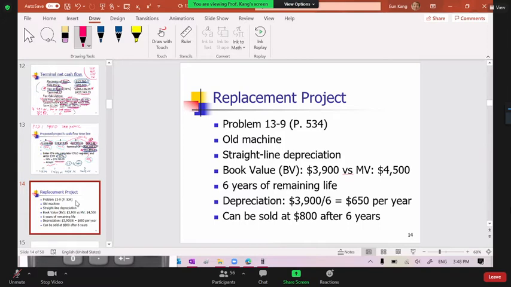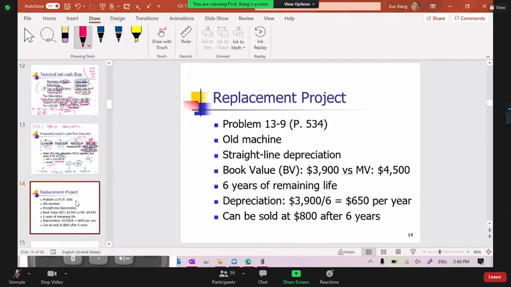So Gilbert's marginal tax rate is 40%, and its WACC is 15%. Should it replace the machine? So that is a typical question, and this is the main point of the question.